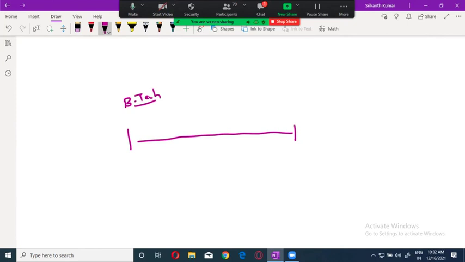Now, what is the age group of people inside this BTech? 16, 17. What about 25? I'm talking about the people who are doing a lot of hard work and spending more and more time in the BTech only.